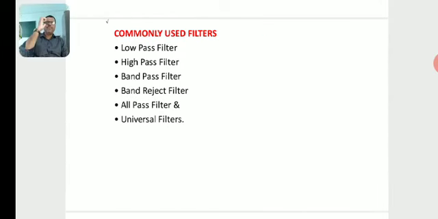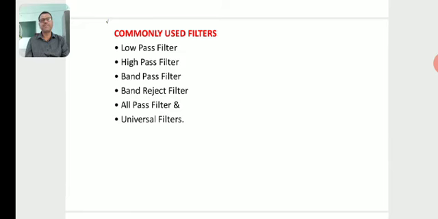Commonly used filters are low pass filter, high pass filter, band pass filter, band reject filter, all pass filter and universal filters. These are some examples of filters, used in various fields.